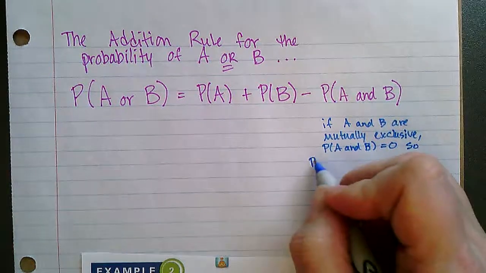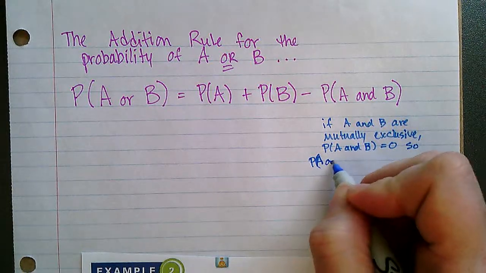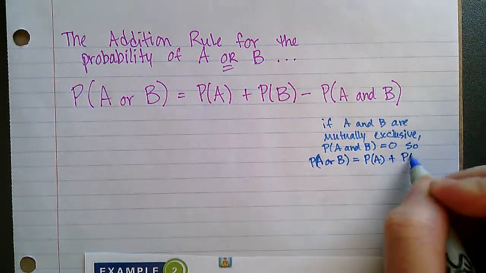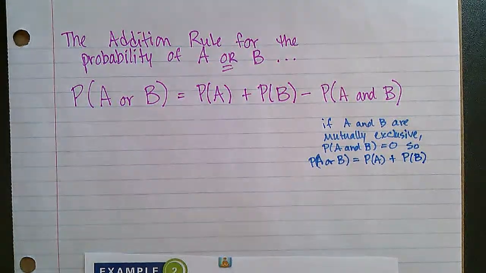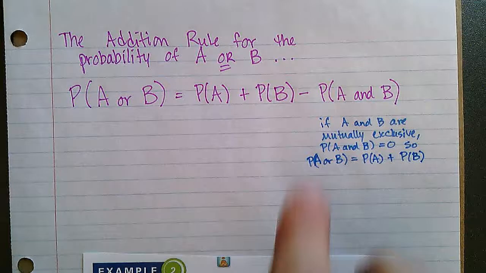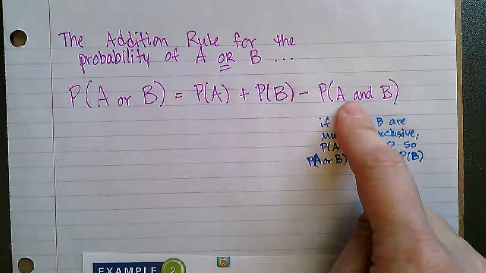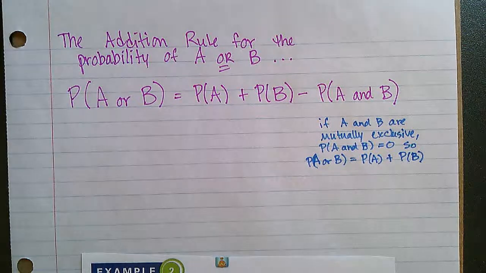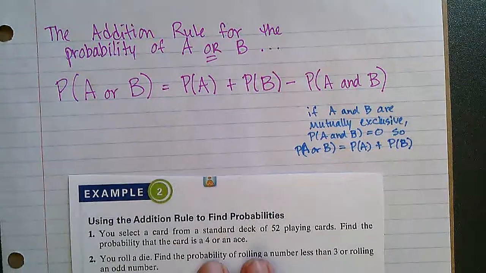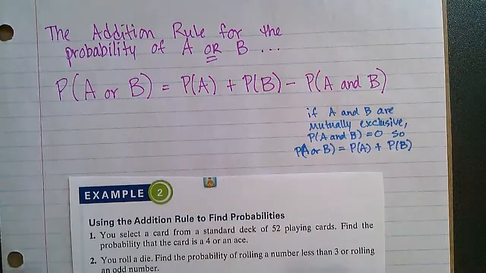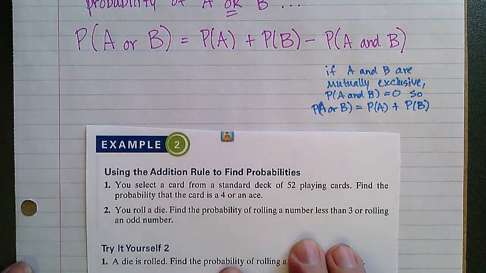So our formula, probability of A or B, becomes just the probability of A plus the probability of B. If I were you, I will give you some advice. I would always consider this possibility so that you don't forget that it needs to happen when your probabilities are not mutually exclusive. So I would just always follow this formula and I would not concern myself with that shortcut.